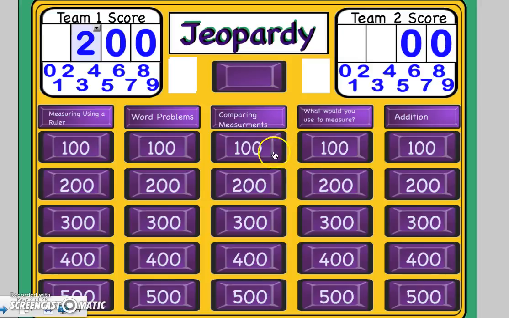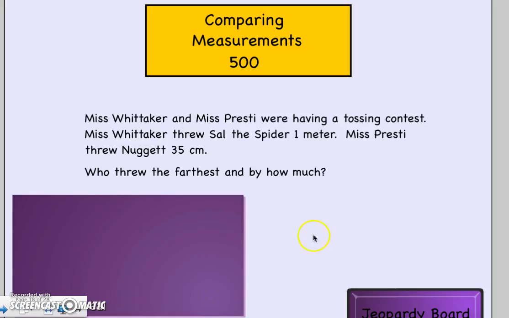The questions increase with difficulty as the higher the points. Most of our students begin by selecting 500 point questions. Students have the option of writing their responses right on the Smartboard, and then all other students are encouraged to show their math thinking in their journal so that everyone is participating.